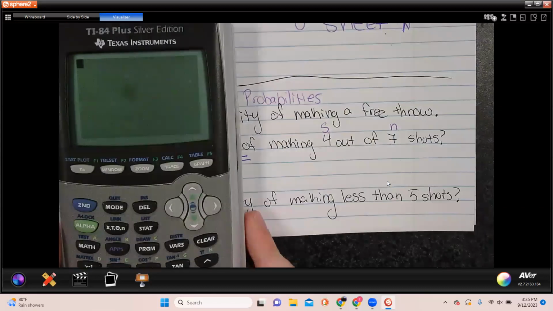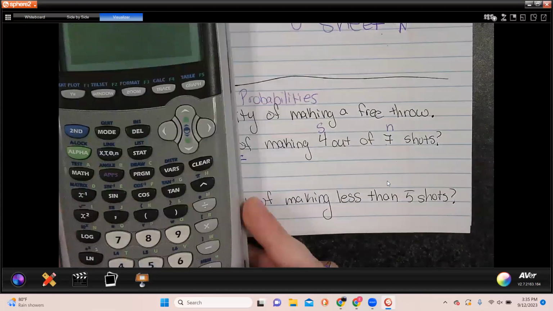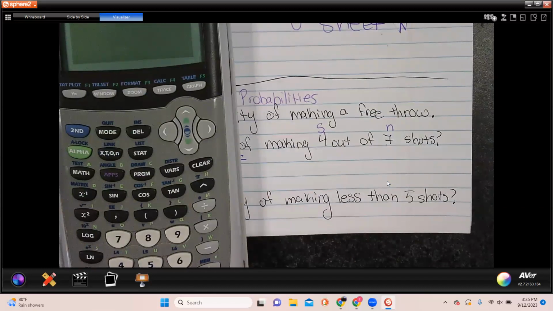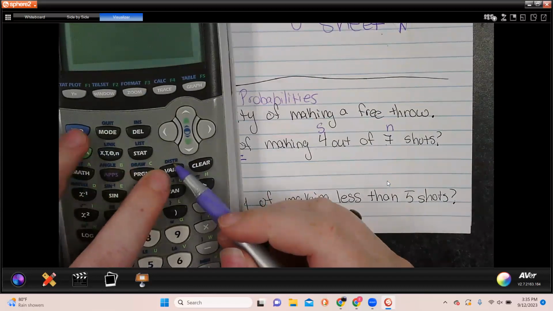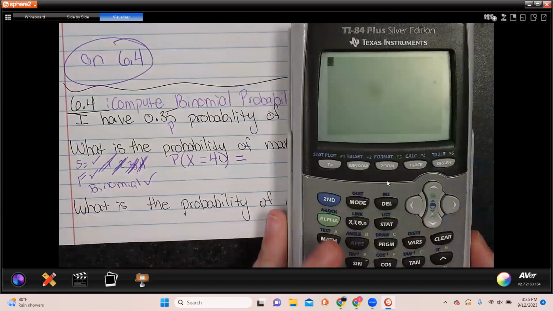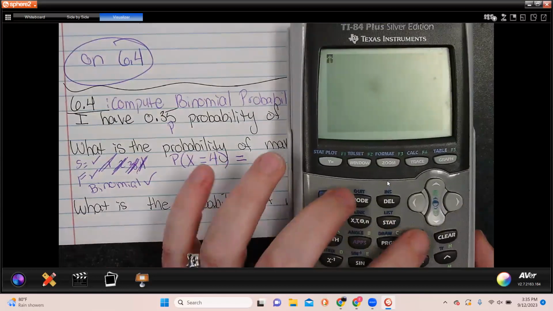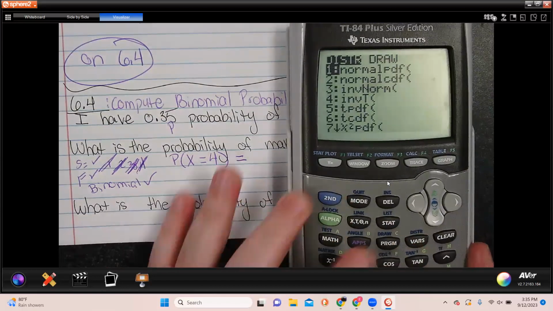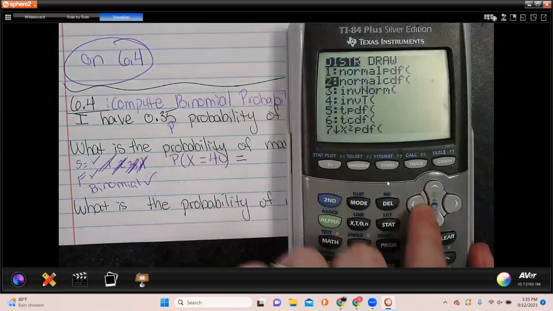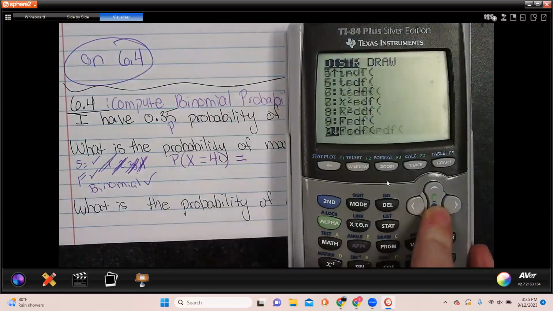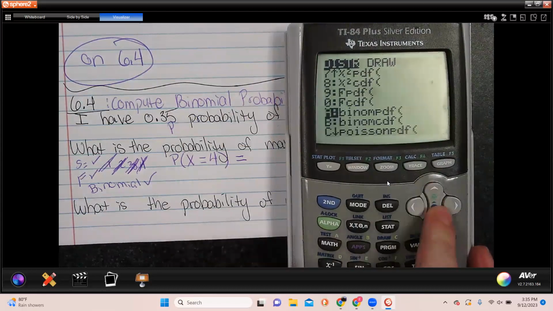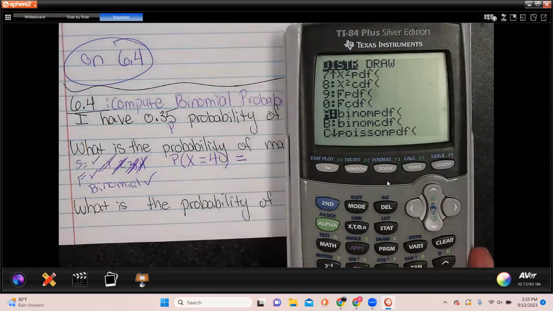But this is a binomial distribution. There is a distributions button on these calculators. It's right here in blue. If I do second distribution, you can see all of these distributions. So I'm going to go down to the binomial distributions. I have binomial PDF, binomial CDF.